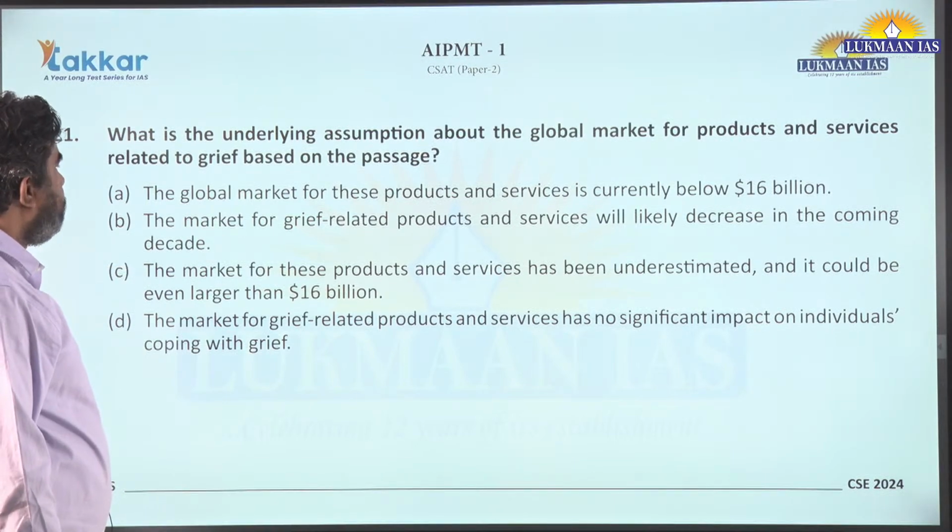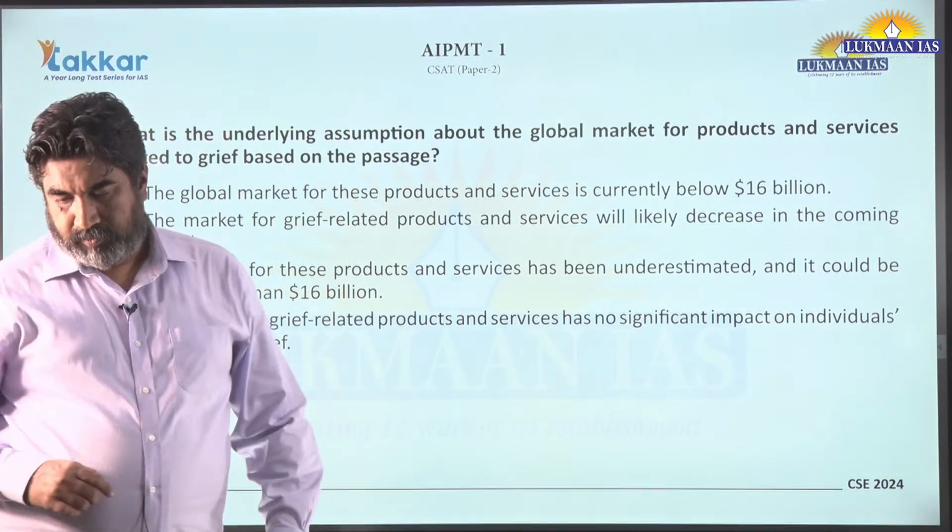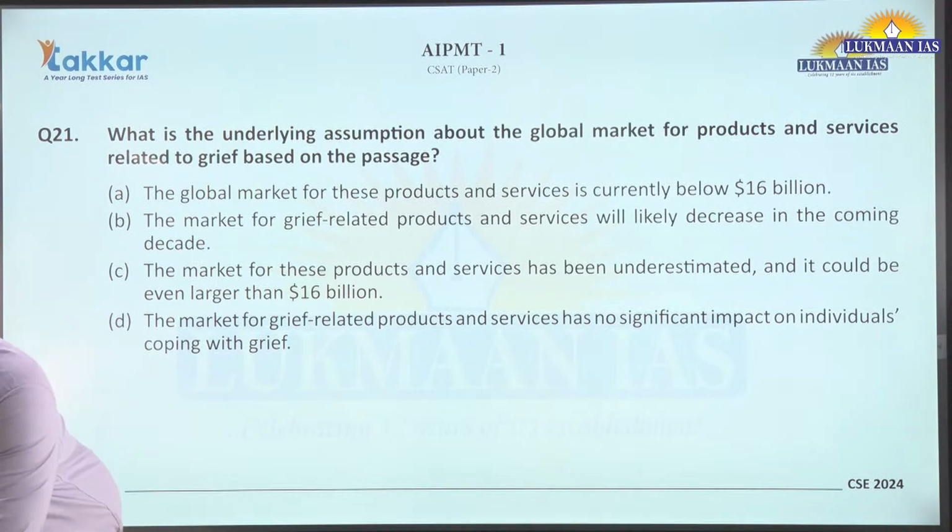Question number 21. What is the underlying assumption about the global market for products and services related to GRE based on the passages? What do you say? Option C. Option C is correct. Why is it correct? Why are other options not correct?